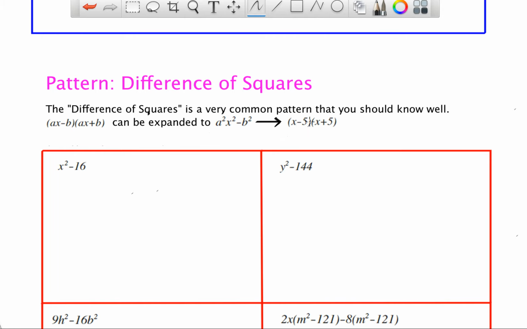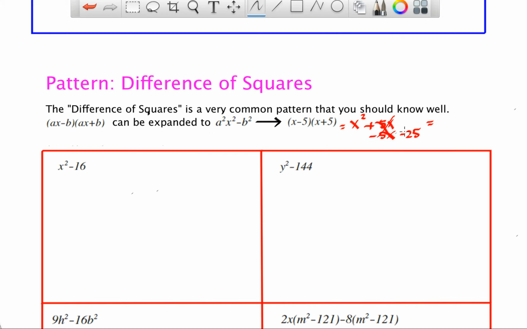If you do x minus 5 times x plus 5, and if we multiply that out, I would get x times x is x squared, and then x times 5, so that would give you plus 5x, and then a negative 5 times x, so that's a negative 5x, and you can see the cancellation there, and a negative 5 times 5 is a negative 25.